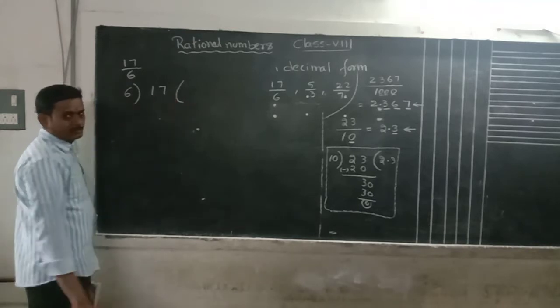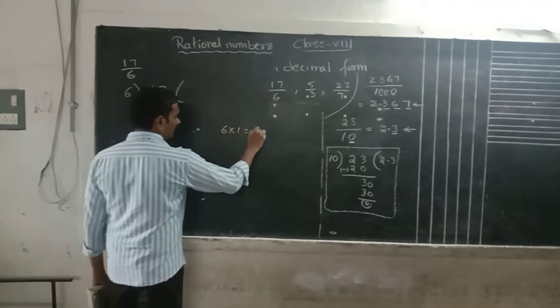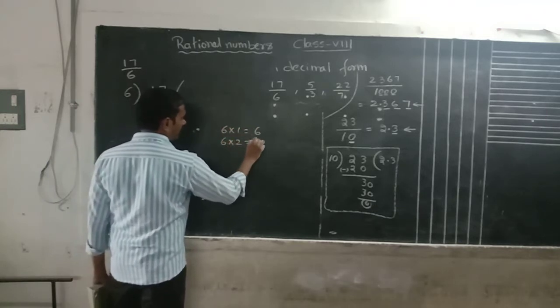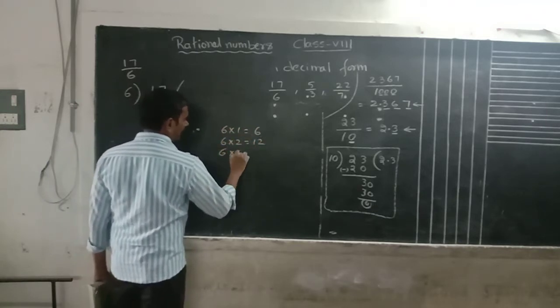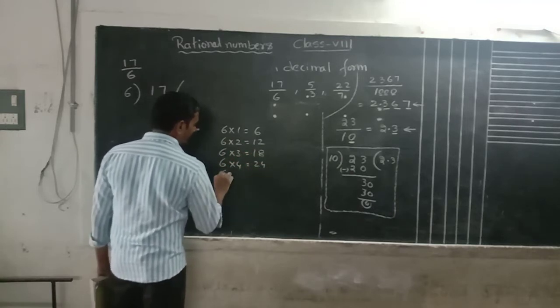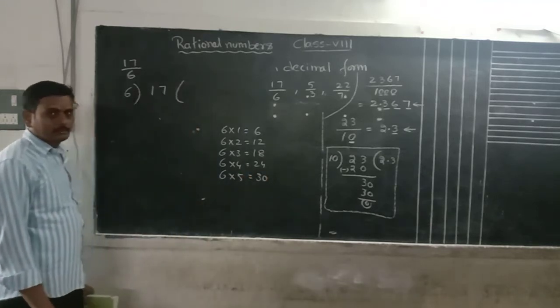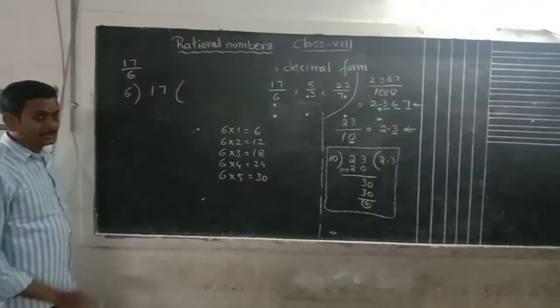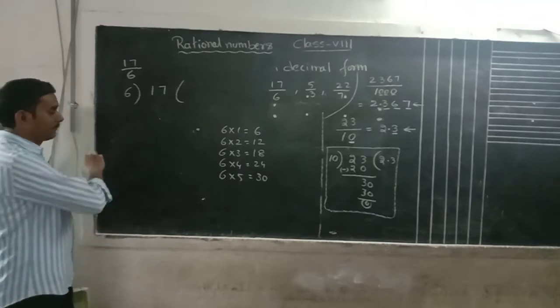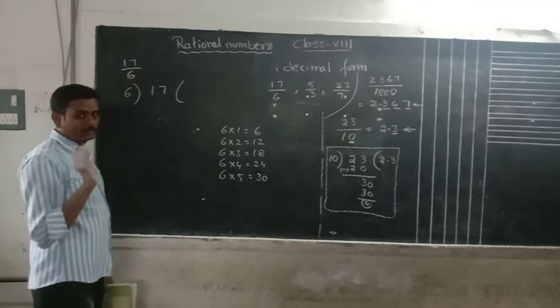Now read the 6 table. 6 1 is 6, 6 2 is 12, 6 3 is 18, 6 4 is 24, 6 5 is 30. Now we have to choose the number equal to or less than 17, the nearest number.